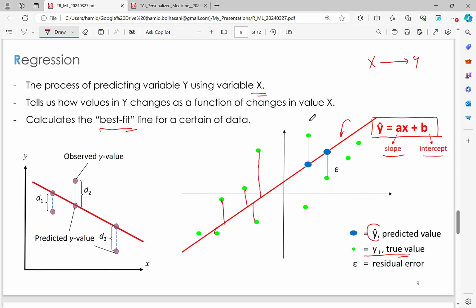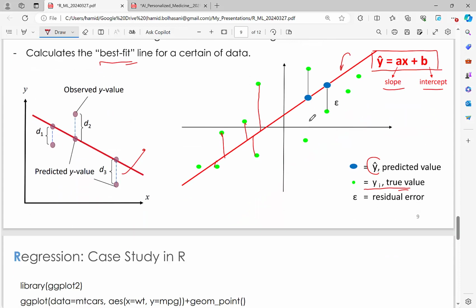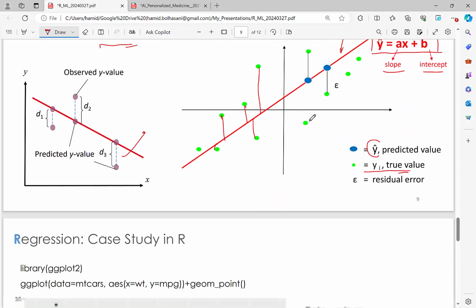You can see the distance between the observed value and the predicted one has some errors. Okay, and it can be calculated, as we will show later.